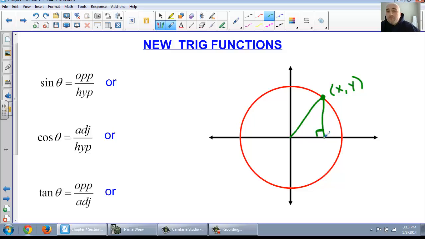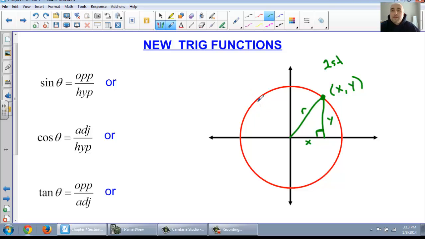The side from the origin along the axis is a positive x value, this is your positive y value, and this is the radius of your circle. Anytime you go from the center of the circle to the edge of the circle, that's the radius. That's your first quadrant triangle.